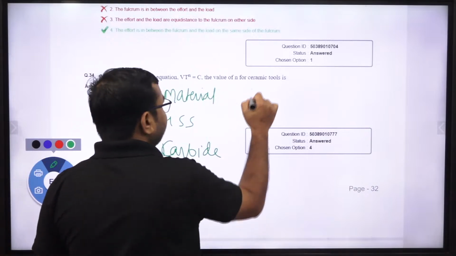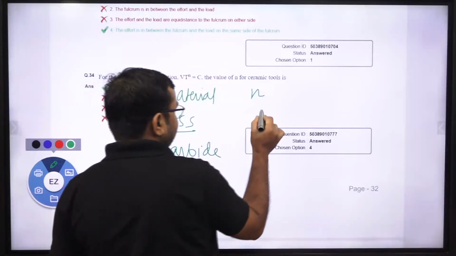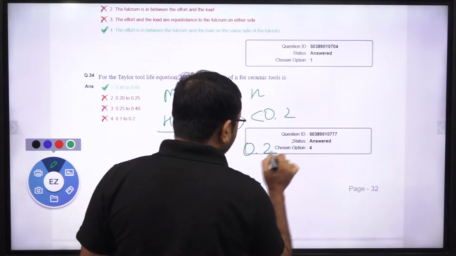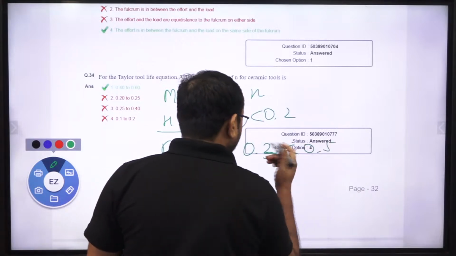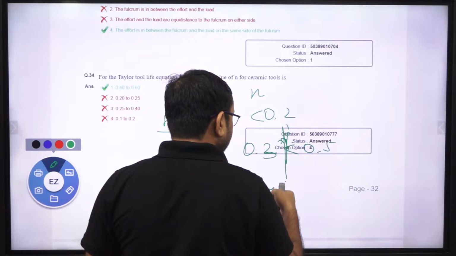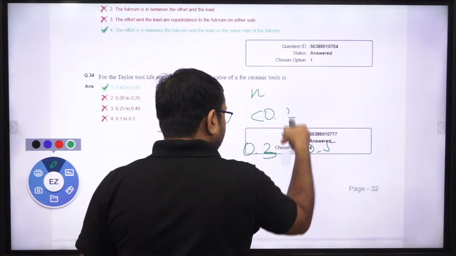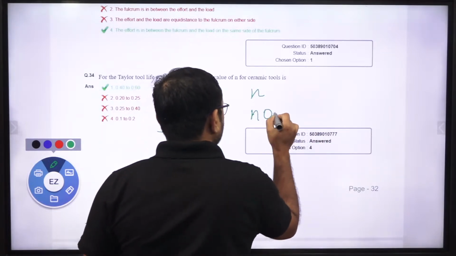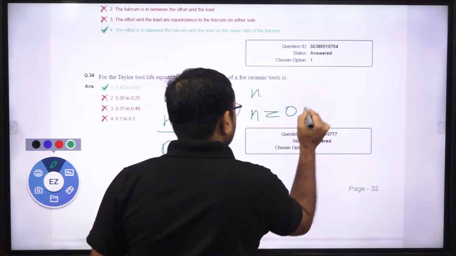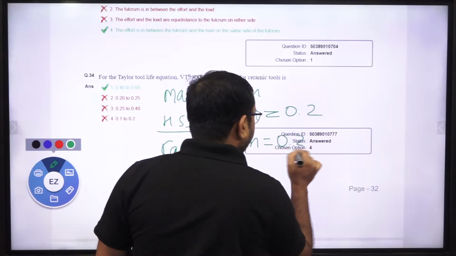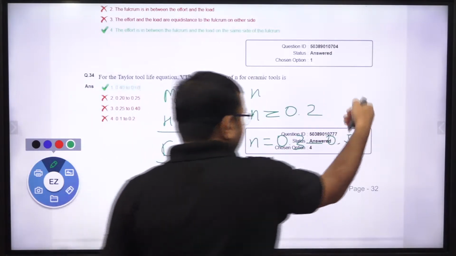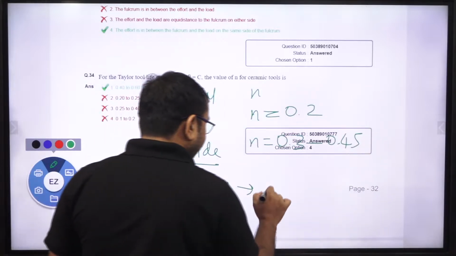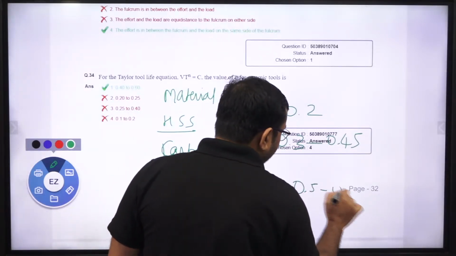If I write their ranges, the value of n for HSS is less than 0.2, for carbide it lies in between 0.3 to 0.5, or you can say 0.45. And for ceramics, its value is ranging from 0.5 to 0.8.